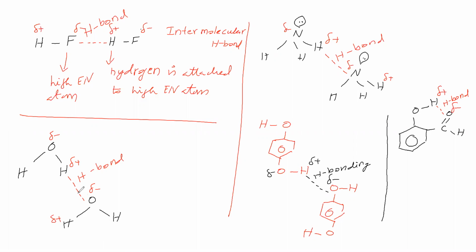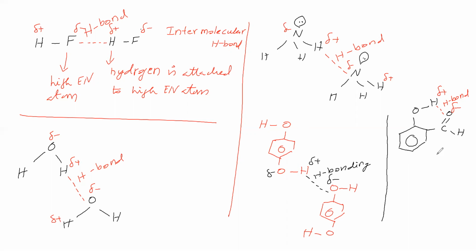Between two molecules hydrogen bond is possible, therefore it is called intermolecular hydrogen bonding. Likewise for two ammonia molecules, and for two para-dihydroxybenzene molecules, hydrogen bonding between them is called intermolecular hydrogen bonding.